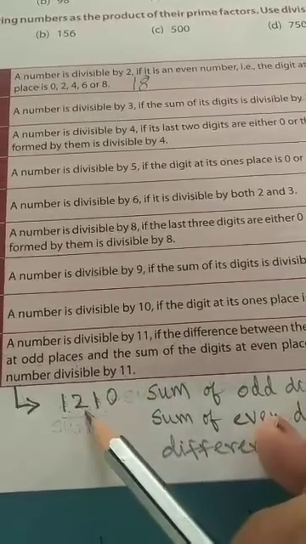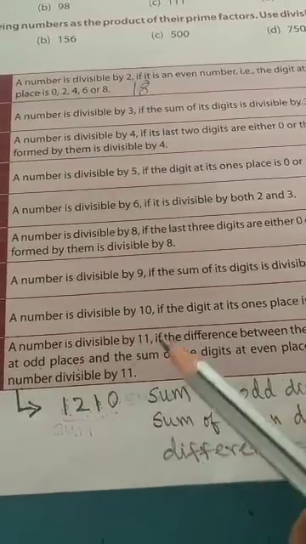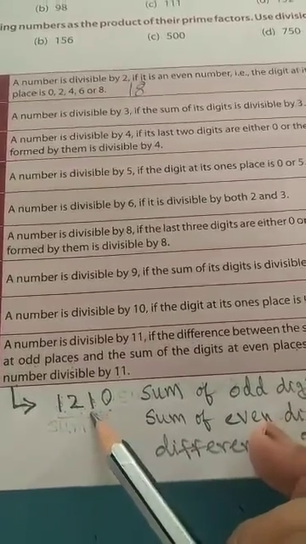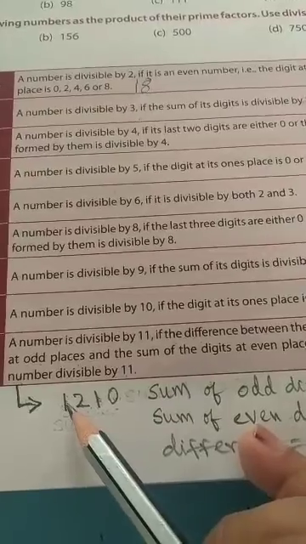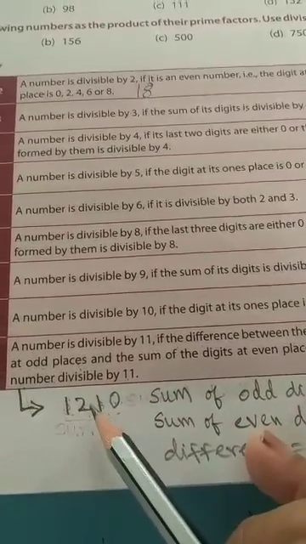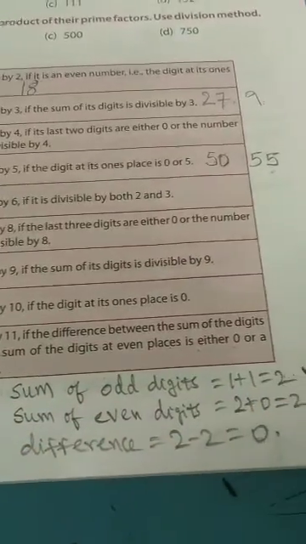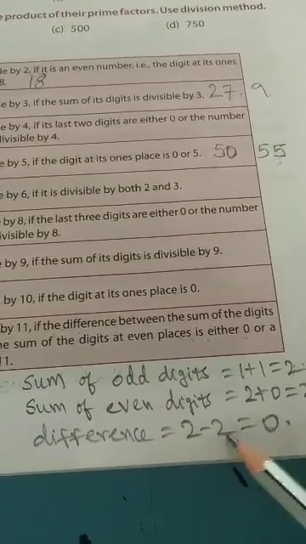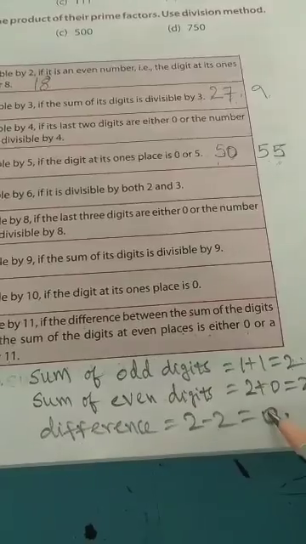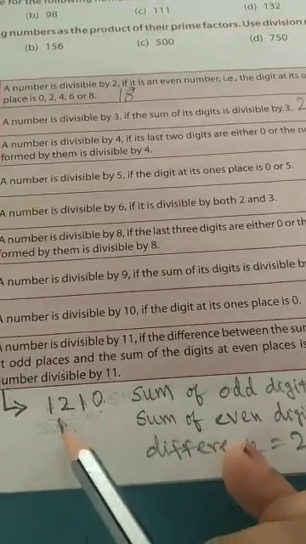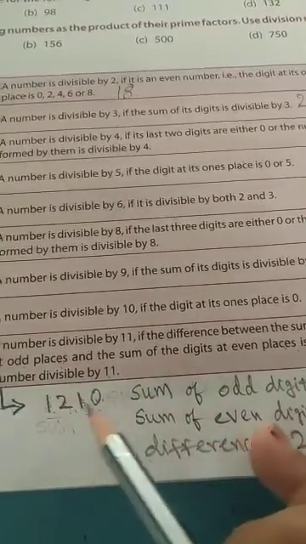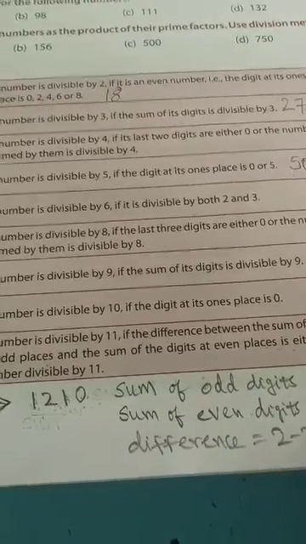So 1210 is divisible by 11. For that, what do you have to do? Add 1 plus 1, 2. Next 2 plus 0, 2. Afterwards, find the difference between these two. 2 minus 2 is 0. So when you get 0, then the given number 1210 is divisible by 11. That is the conclusion.